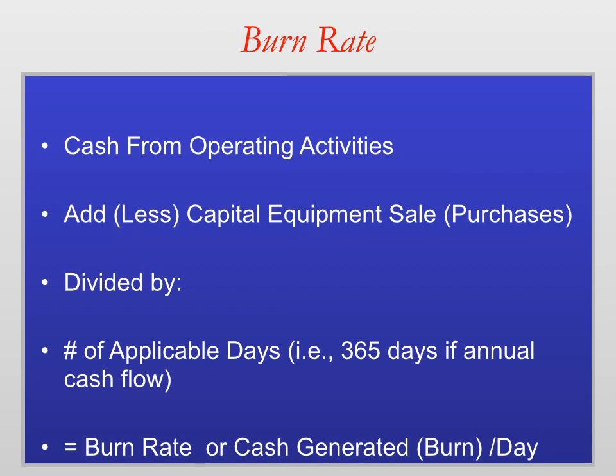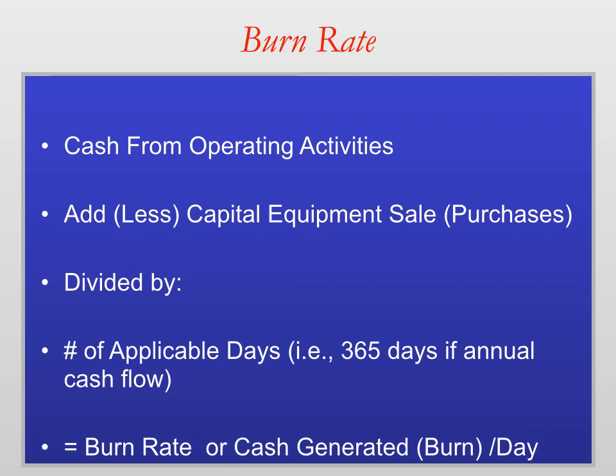We then divide that by the number of days over the period we've obtained the data from. In other words, if we have cash from operating activities and equipment purchases over a year's time, add those two together, and divide that by the 365 days in a year, what we'll be able to see is how much cash we are spending on a daily basis.